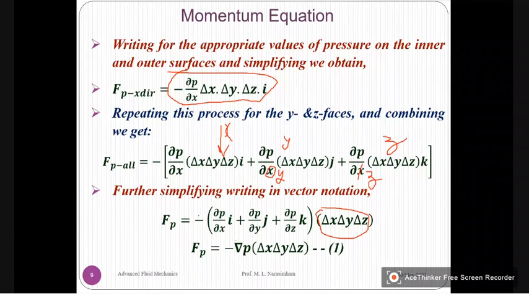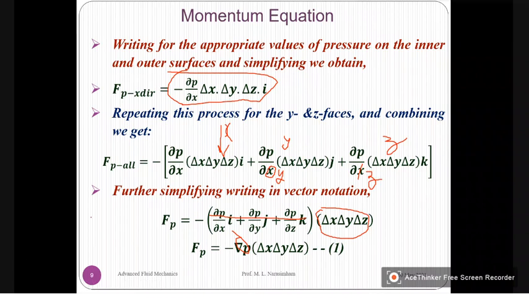In vector form, this is called the gradient of p, that is dou p by dou x into i plus dou p by dou y into j plus dou p by dou z into k. That means in x direction, it will be minus dou p by dou x, delta y, delta z.